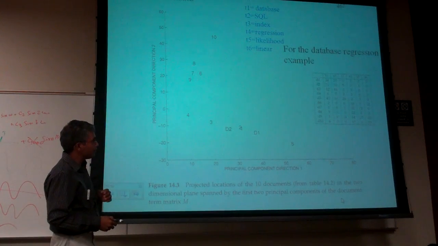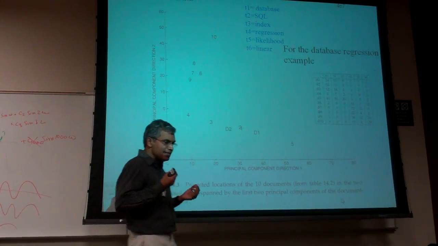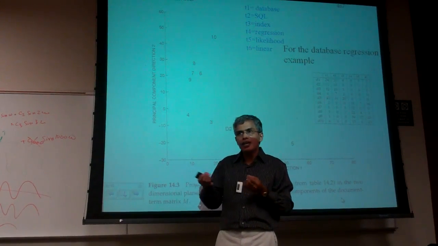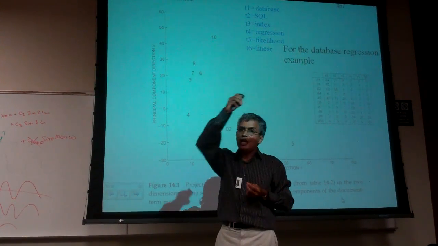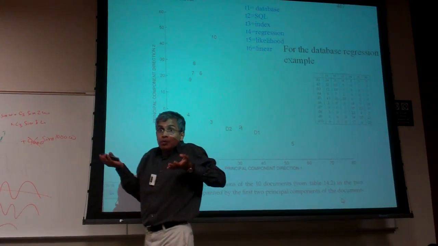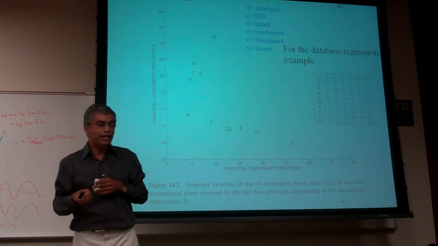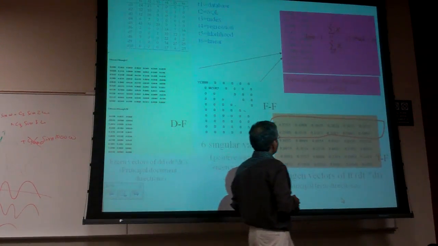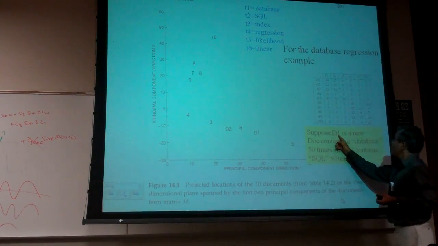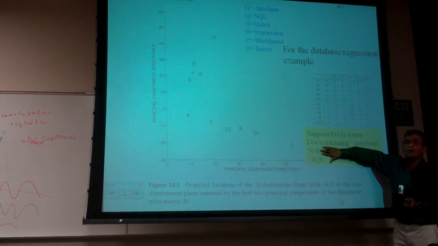So the one other thing, of course, is if I give you a query, what do I do? I don't necessarily need to compute the document similarity. I need to compute the document query similarity. Except query is a document. In fact, instead of thinking of D1 as a new document and D2 as a new document, suppose I just say D1 is my query called database.